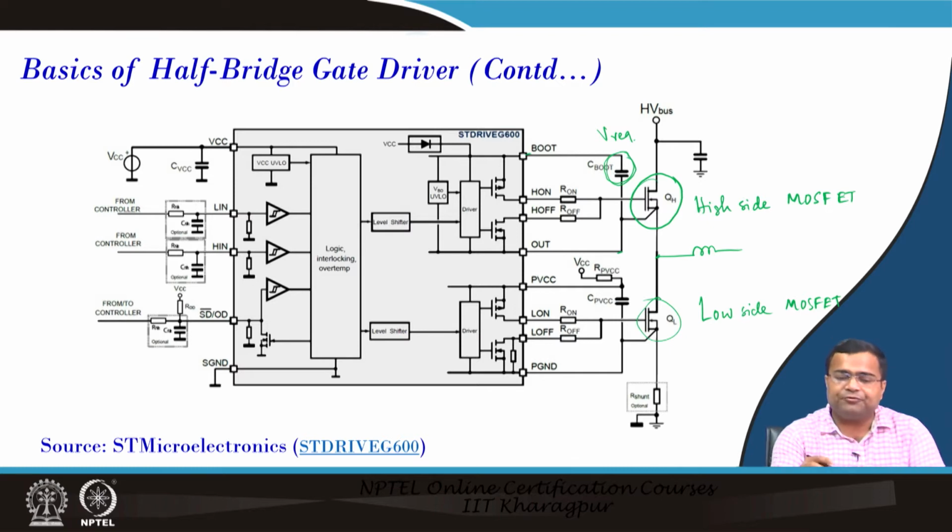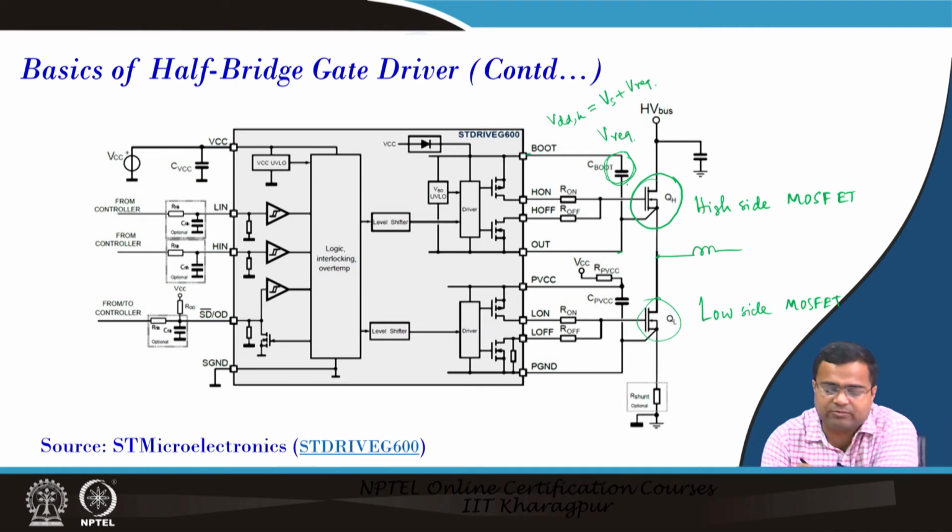So, your VDD for the high side gate drive will be V source plus V required, and this required voltage will be created by the bootstrap. This bootstrap capacitor is responsible for creating that additional voltage required for turn on and turn off.